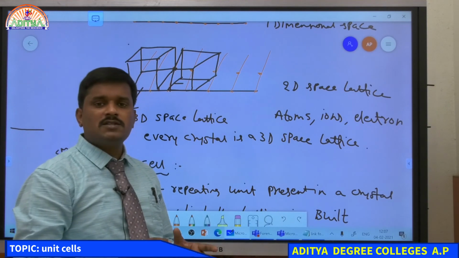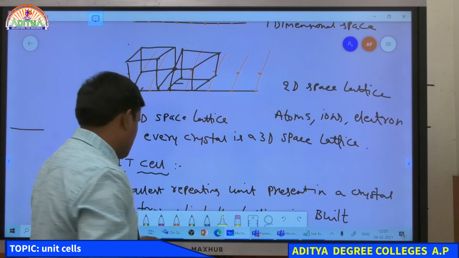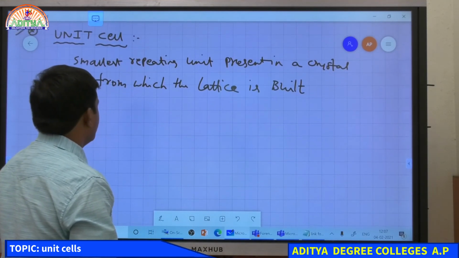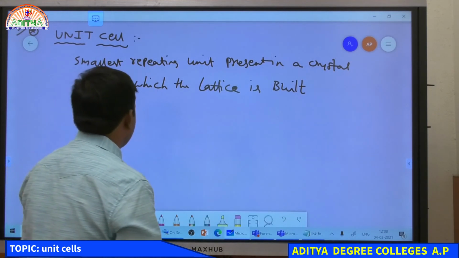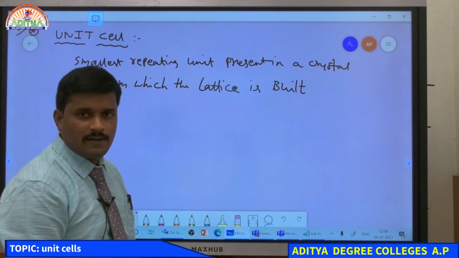So the combination of a large number of unit cells finally forms the crystal structure. Therefore the definition for unit cell is the smallest repeating unit present in a crystal from which the lattice is built.